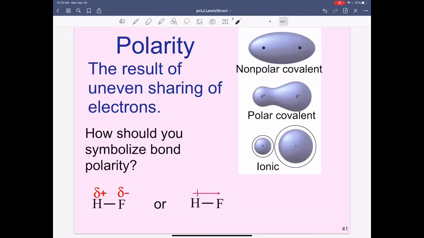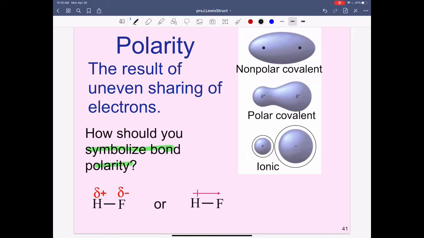In a nonpolar covalent bond, the electrons will spend their time fairly evenly distributed between the two nuclei. But as a result of a higher electronegative atom, the electrons will spend more time near one atom than the other. How can we symbolize bond polarity?